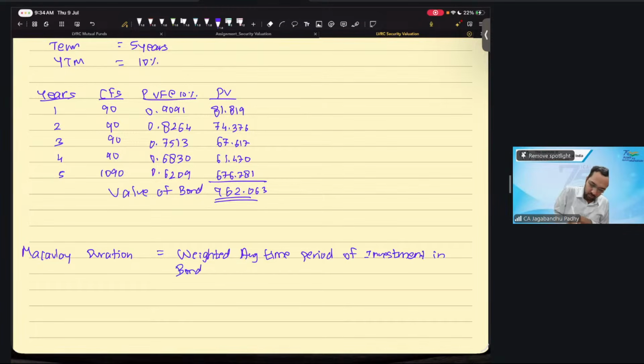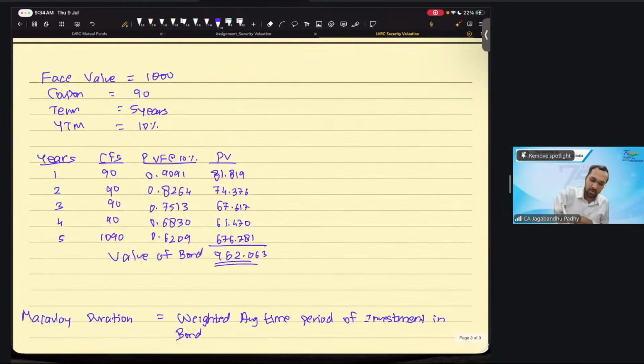So if I ask you how much money are you going to invest if you want to acquire this bond? Of course, 962.06. But if I ask you, for what time period is this 962.06 invested?